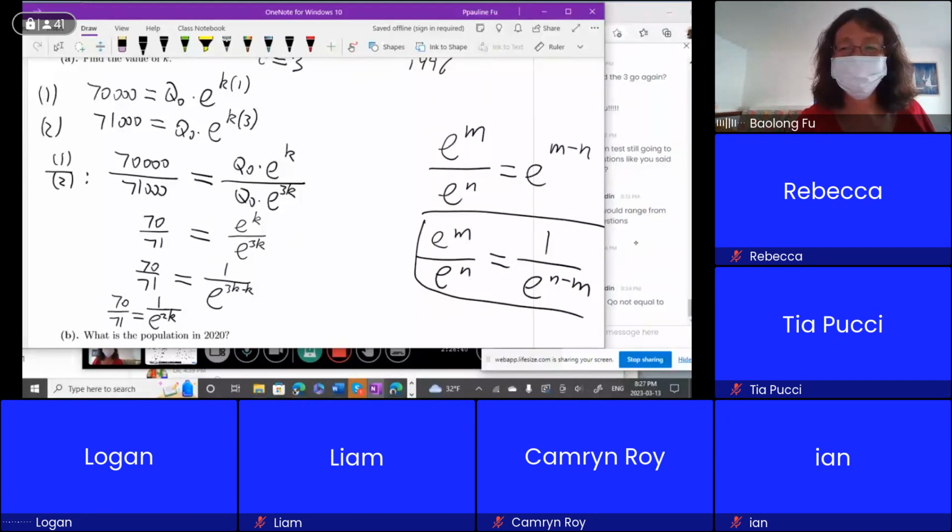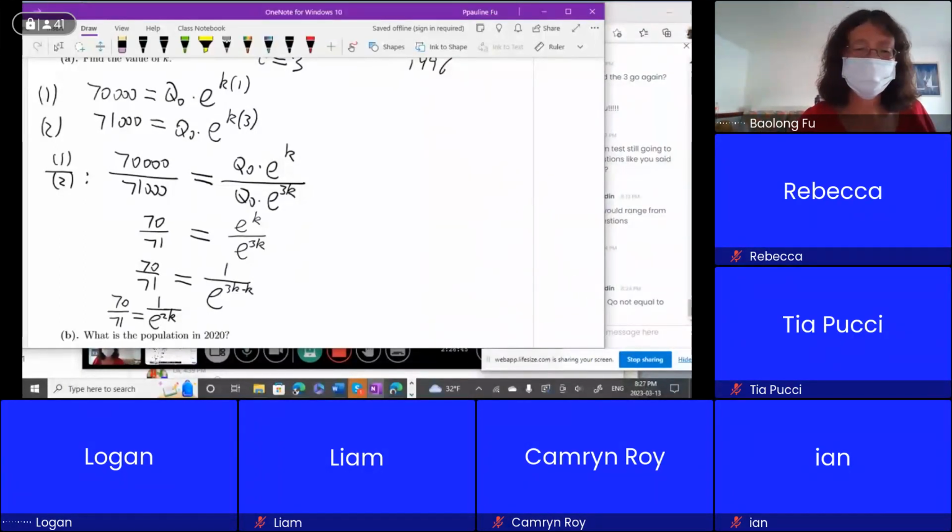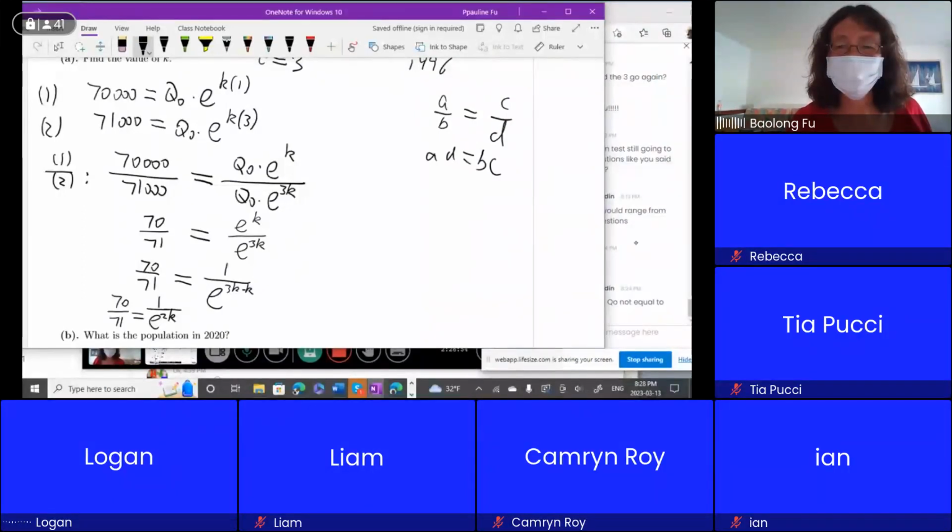Then you use cross multiplication. If you have A over B equal to C over D, you have AD equal to BC. So you got 70 times E^(2K) equal to 1 times 71. So solve for E^(2K) equal to 71 over 70.